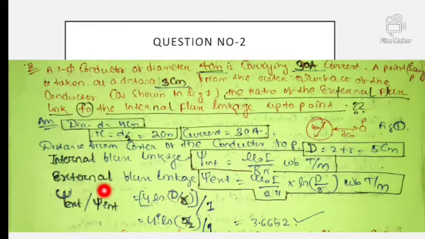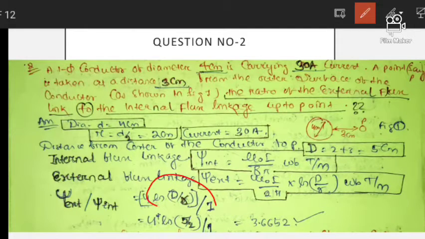After dividing these two equations, that means the external flux linkage divided by the internal flux linkage, we cancel these terms: mu 0 I divided by 2 pi in both. The only term left is 4 ln d divided by r, divided by 1. So this is the external flux linkage divided by the internal flux linkage.